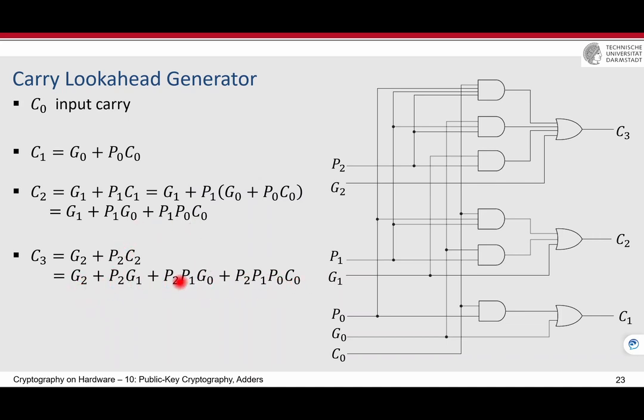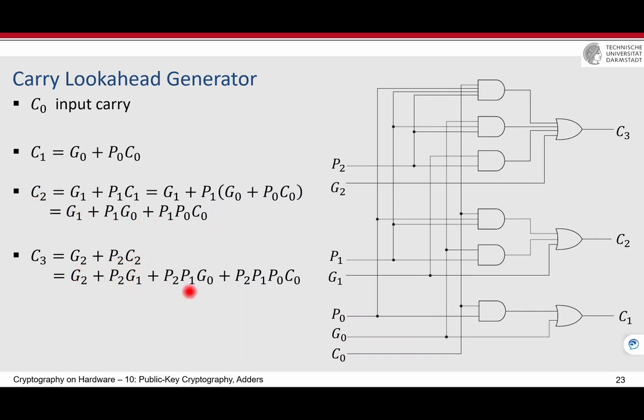You can replace C1 with something based on just G and P, and of course the carry in, C0, so you can write it directly based on G and P and the carry in. The same here: G2 is clear, P2 is okay, and instead of C2 you can write this expression.